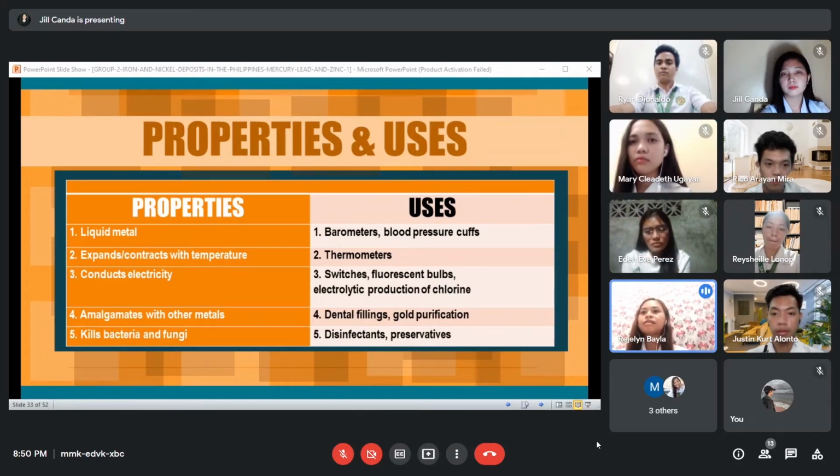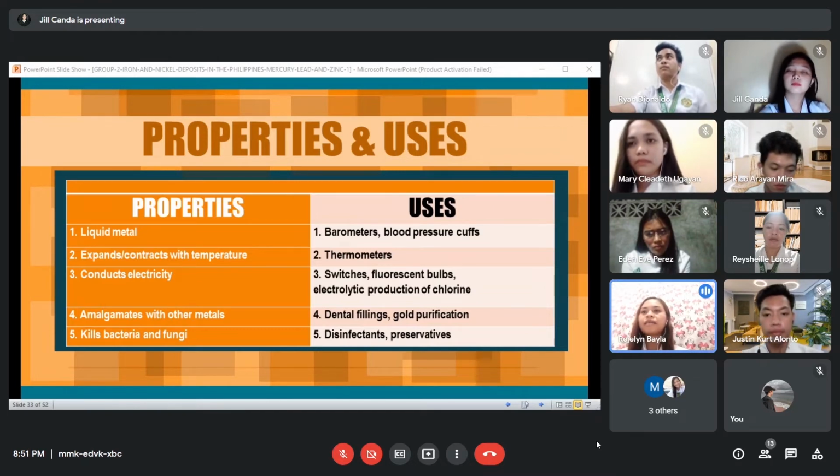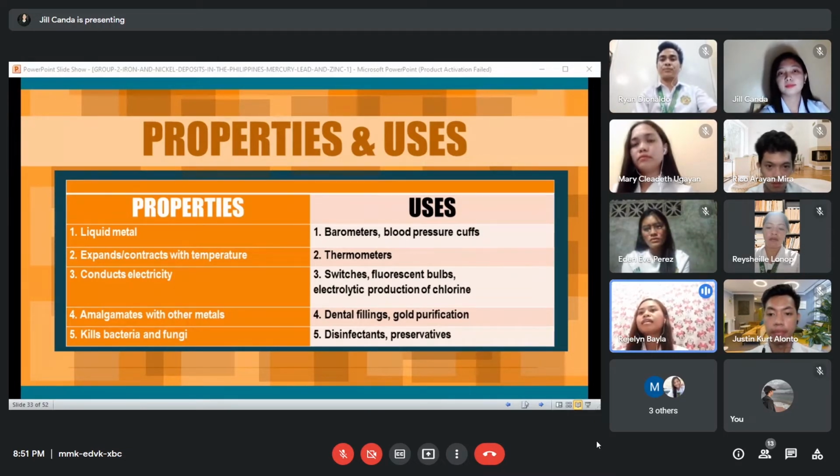Silver mercury amalgams are important in dentistry, and gold mercury amalgam is used in the extraction of gold from ore. The last one is that it kills bacteria and fungi. The heavy metal mercury has been widely used as an antimicrobial agent for treatment of bacterial and fungal infection. So the uses are disinfectants and preservation. Next slide, please.